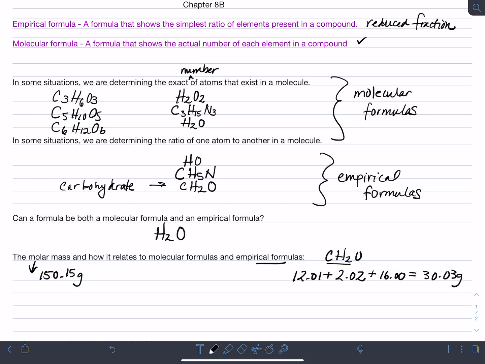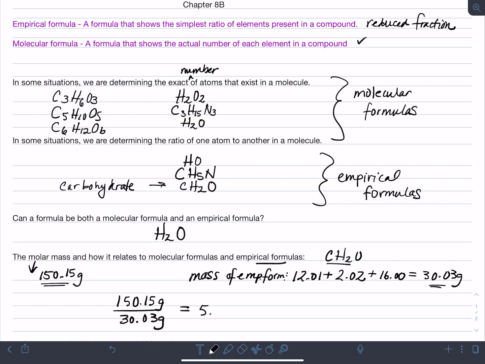That is the mass of the empirical formula. This is the molar mass, which would be the mass of the molecular formula. That would be the mass of the whole molecule, correct? So if I know that the mass of the whole molecule is 150 grams, what I can do is take that and divide it by the mass of my empirical formula and see what the ratio is.